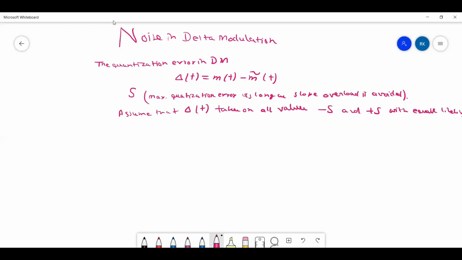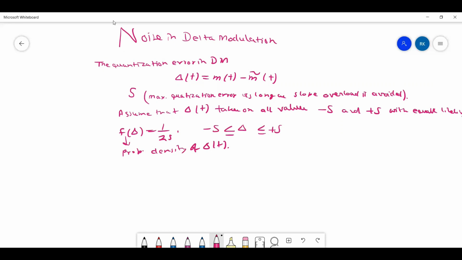Then the probability density of delta t, f of delta, is equal to 1 upon 2S. Since it is equal likelihood, we are assuming a uniform probability density function. So this is the probability density function of delta t.